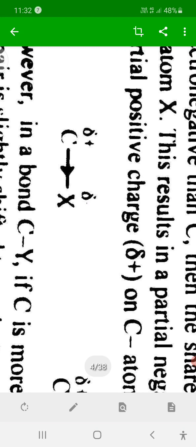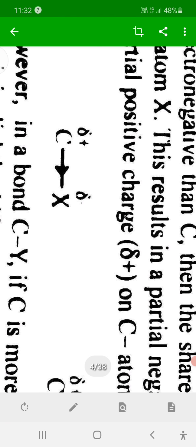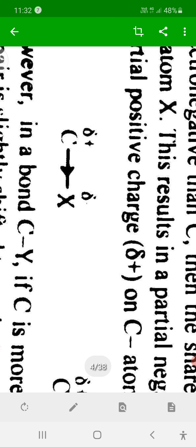Electronegativity is the electron pulling power of the nucleus. In heteroatomic bonds, the electronegativity of the two atoms is different. Then the atom which possesses more electronegativity power pulls the electron towards itself.